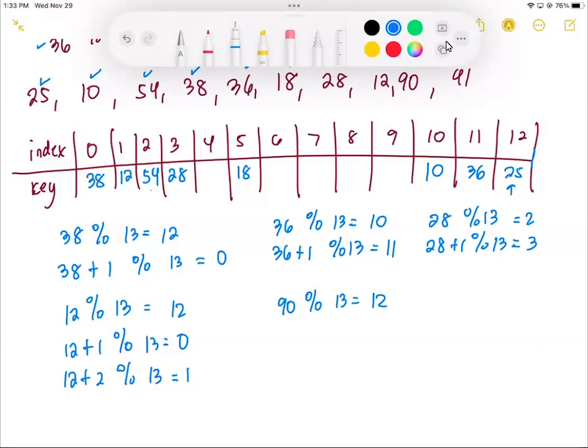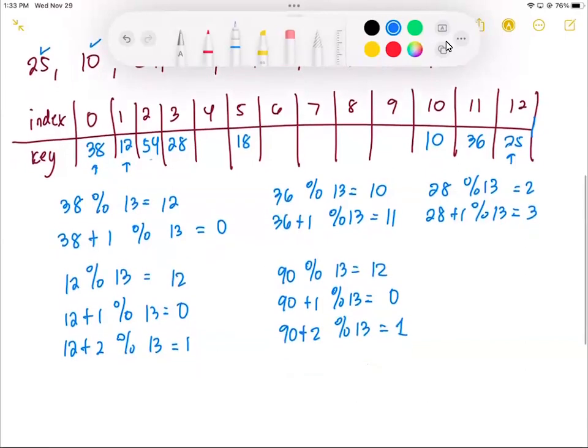You go to the 0th bucket, and we did that by 90 plus 1 modulo 13, which is equal to 0. 91 modulo 13 is 0, because it's divisible by 13. But it's already occupied, so we are going to probe again and look at the next bucket. Again, it is occupied. How did we go to the first bucket? It's just 90 plus 2 modulo 13, and that is equal to 1.